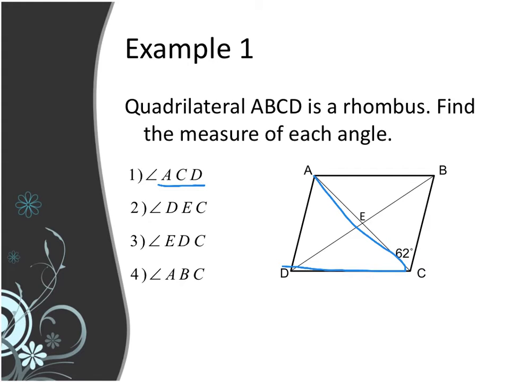No, it looks like it's 62. And what does the other side look like? The other side is 62. Remember, a rhombus bisects each angle. So this angle is going to be the same as this one. Since this one's 62, this one has to be 62.